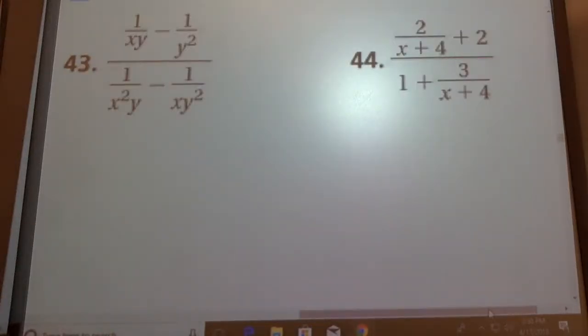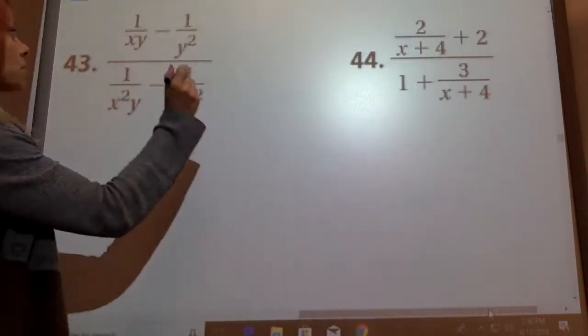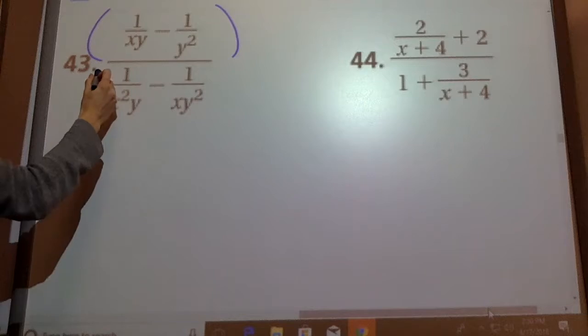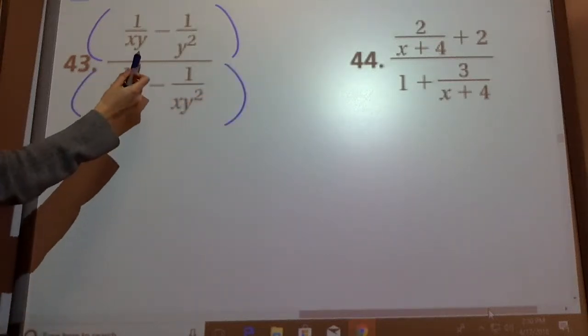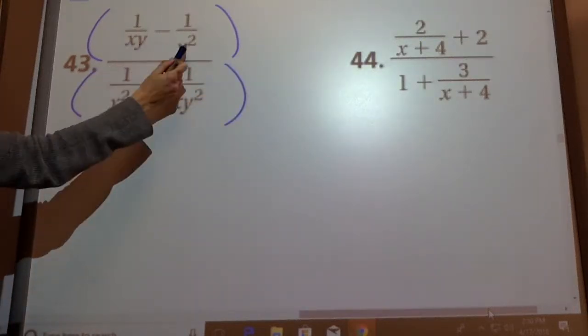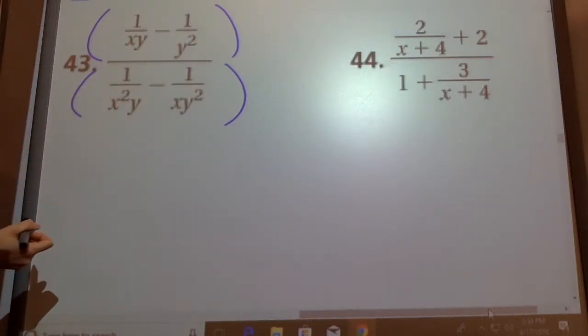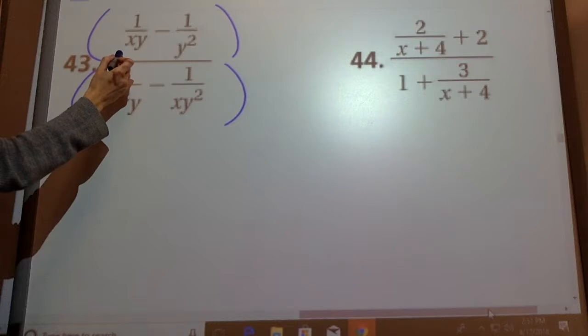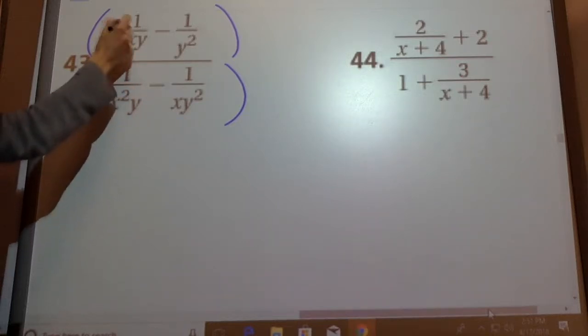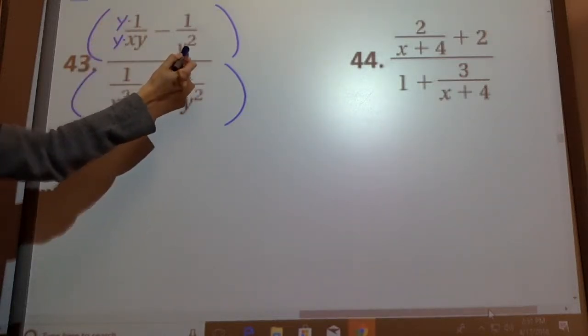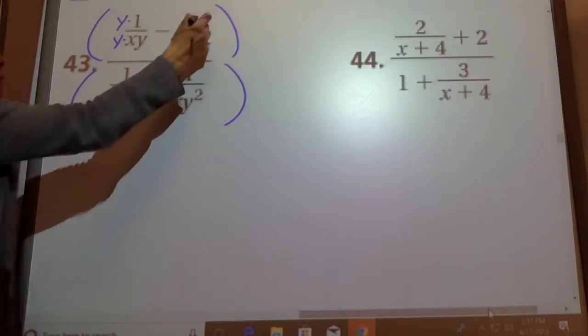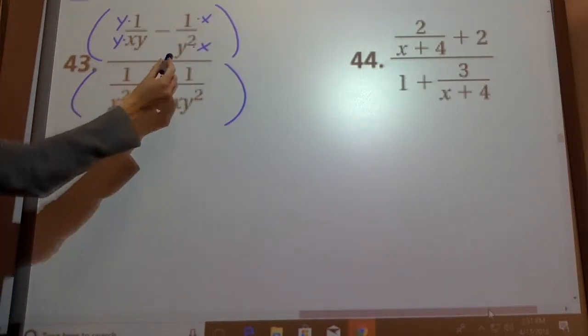So again, we need to find some common denominators. We need to make the top into 1, the bottom into 1. Okay, so I have an x and a y, and I have 2 y's here. So how do I make a common denominator? How do I make it fair? What do I give this one? Another y, very good. What do I give this one? An x, very good. So my common denominator is xy squared.